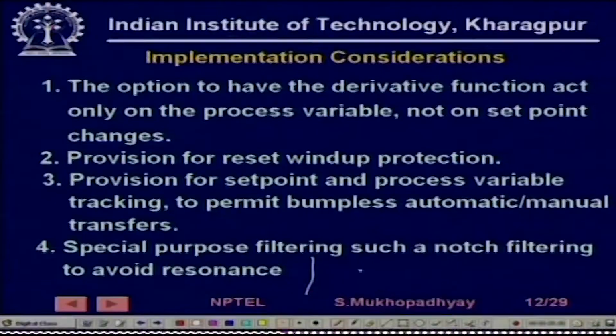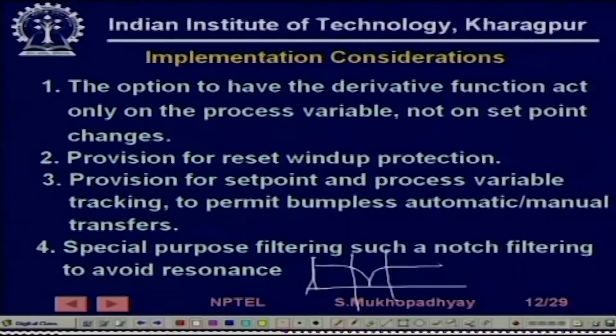For such purposes you sometimes use notch filters, which will pass all signals but only in certain ranges. They have gain characteristics over frequency somewhat like this. In this range they will pass control signals, in this range also they will pass control signals, but in this narrow range they will stop the signal.